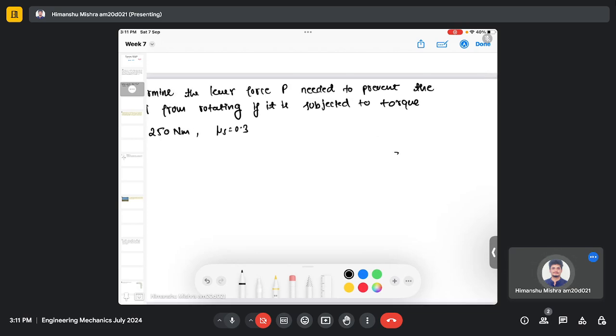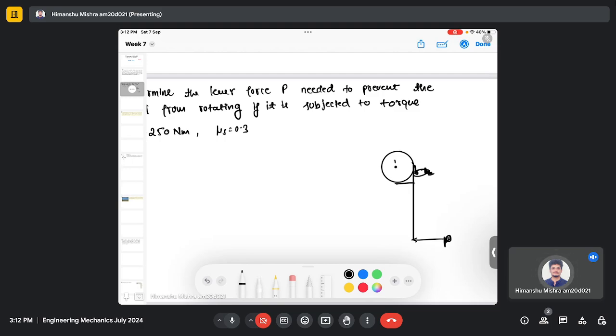So I have a wheel here. This is my lever, and here I have a force P, which is the external force we need to find.